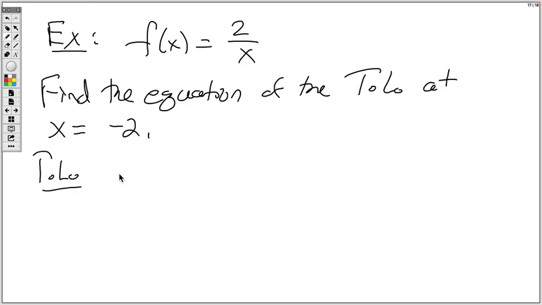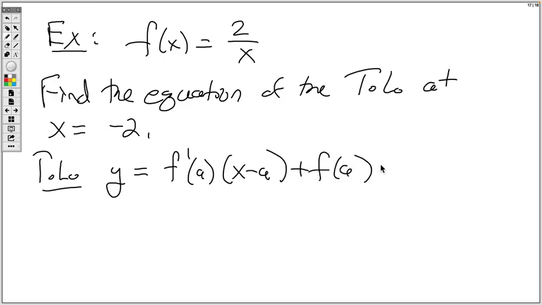So the equation of the tangent line, y equals f prime of a times x minus a plus f of a. Let's go through each of these pieces. First thing is, what's the a value? What x value are we interested in here? We want the tangent line at -2. So that's our a.